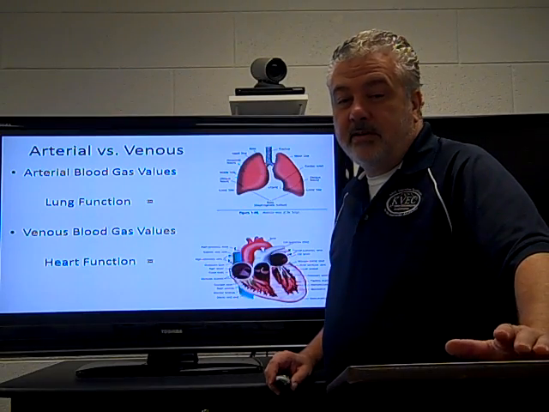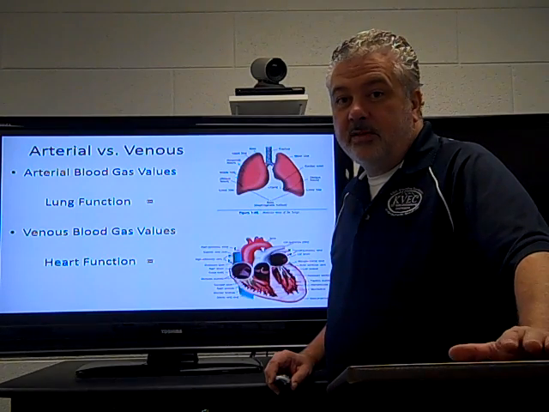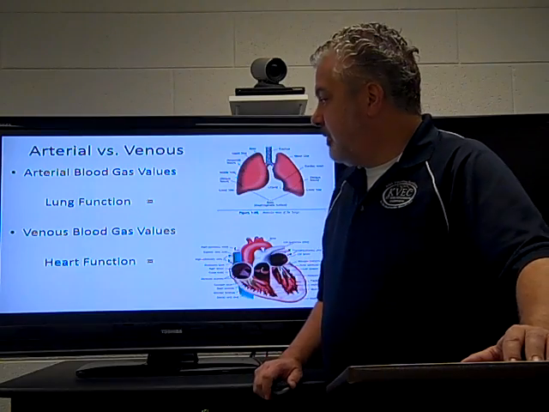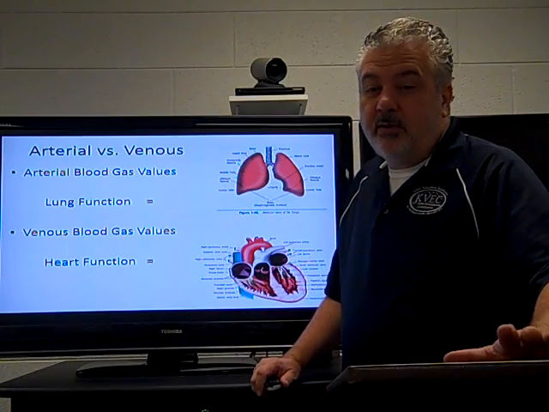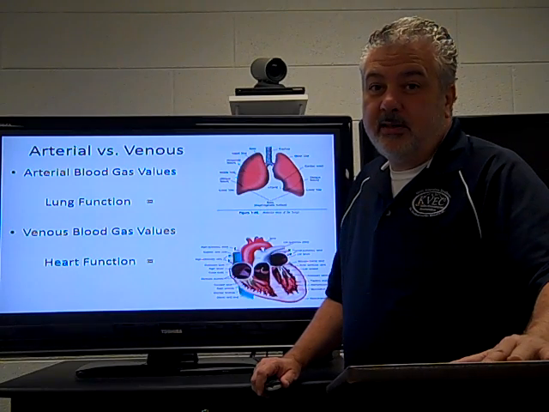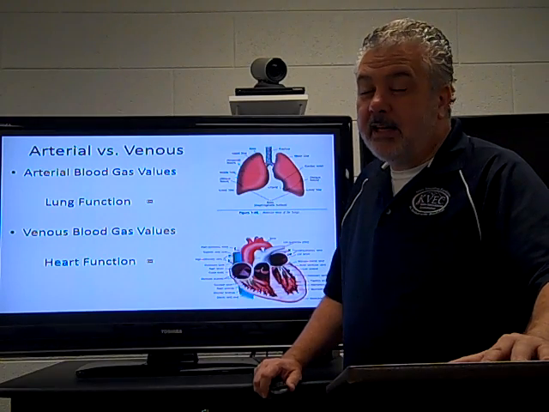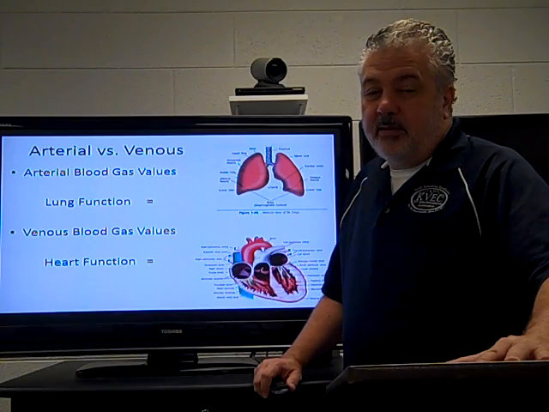If those numbers are deteriorating, that tells me a decrease in cardiac output. If PvO2 and SvO2 are decreasing, that's decreased cardiac output. If CaVO2 is increasing, that's also decreased cardiac output. So you have to get those down.